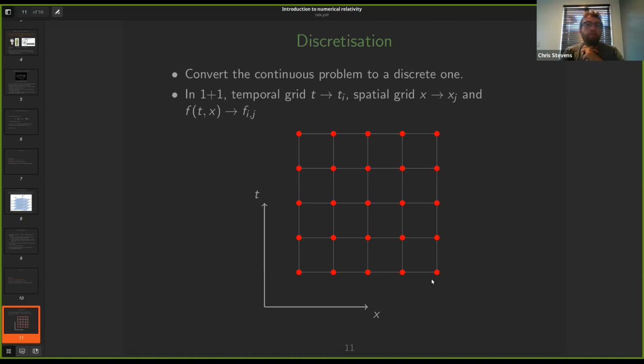And we're going to replace the x-coordinate, which is continuous, with a finite set of points, the x_j, and do the same thing for the t. So our functions now, instead of being continuous, become discrete, and they are defined on these points here.